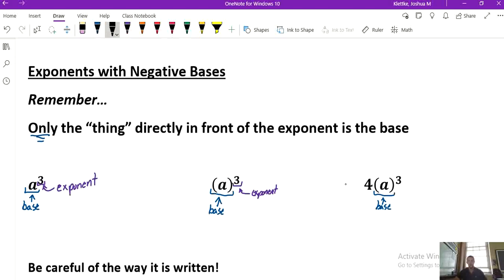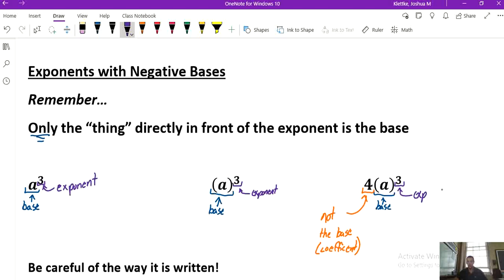This 4 is not the base. It would be called a coefficient. And we know that 3 is the exponent.